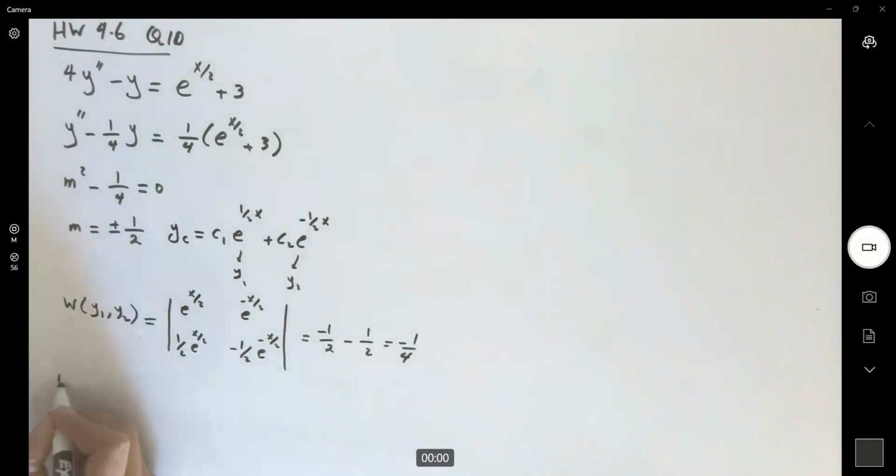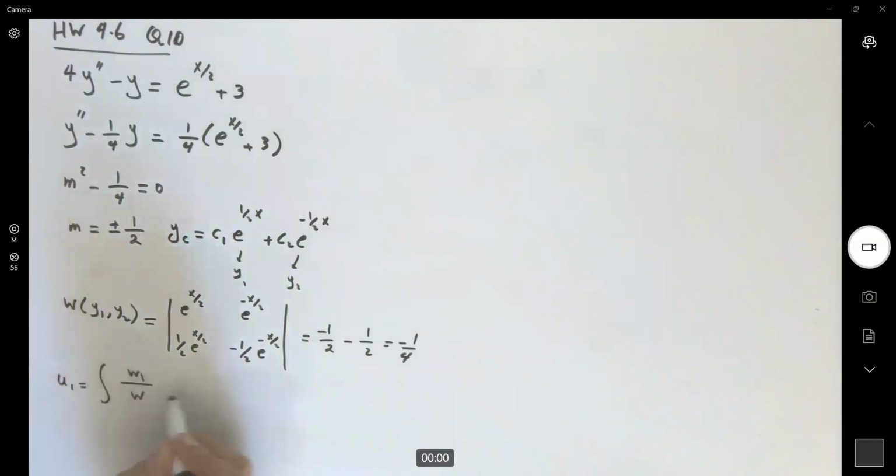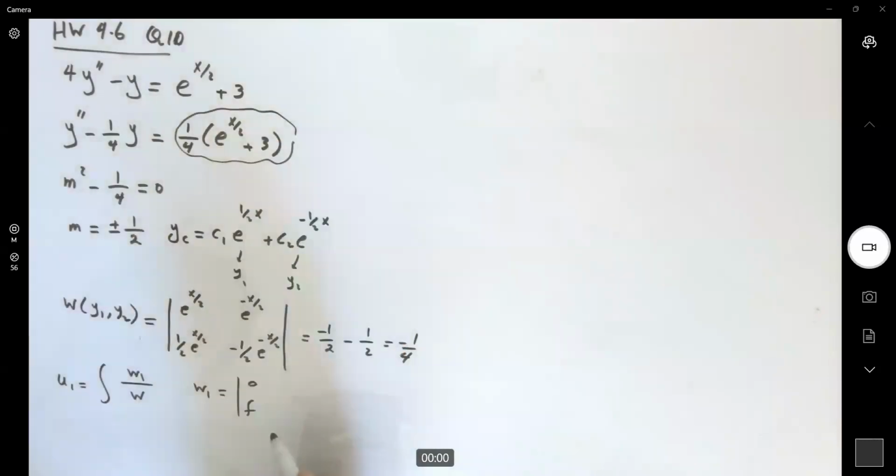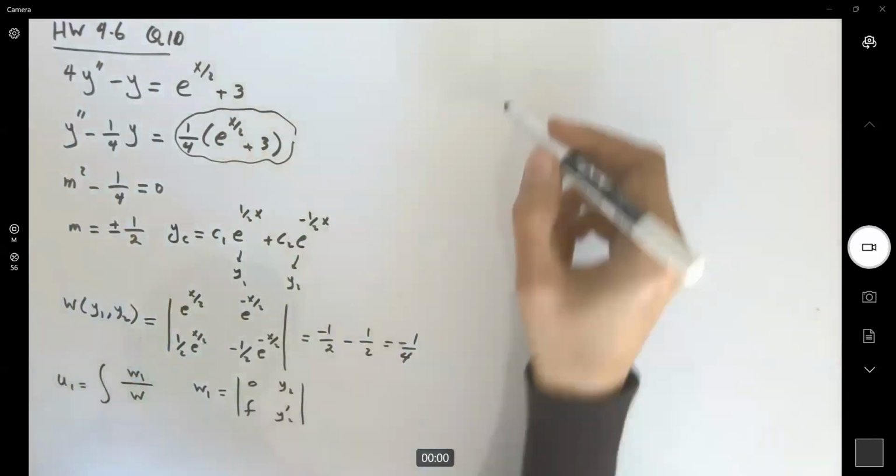u1 is equal to the integral of w1 over w, and w1 is equal to the determinant of 0 and f. This is our f, now that we changed everything into standard form. And here you have y2 and the derivative of y2. So let's find this first.